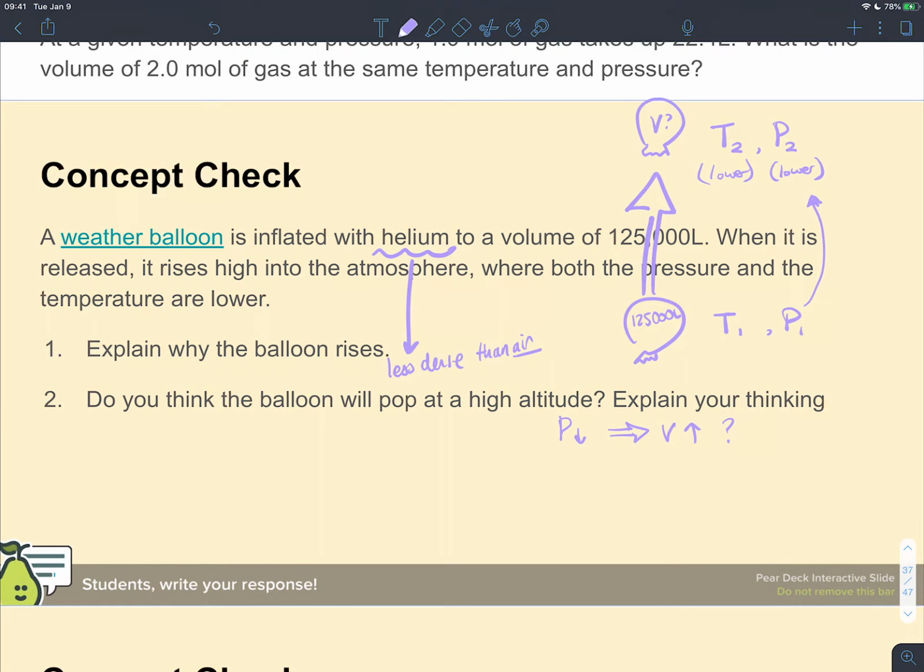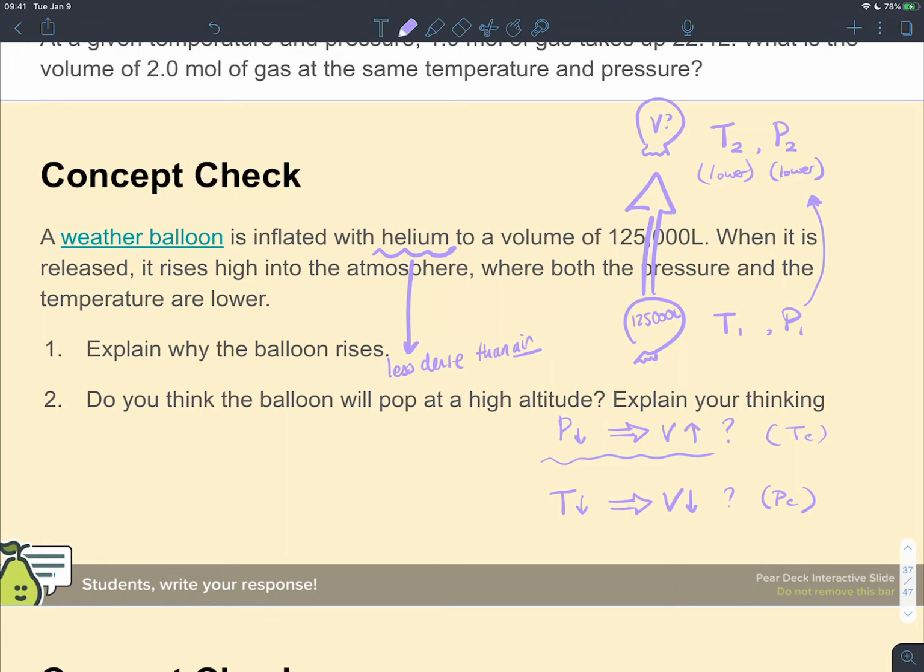But remember, this relationship holds if T is constant. T is not constant. What is T doing? T is also going down, and when T goes down, what should happen to the volume? Well, these should go in the same direction according to some laws we learned earlier. If temperature goes down and the molecules are moving more slowly, maybe volume will go down. So then, again, this is at constant pressure, though.